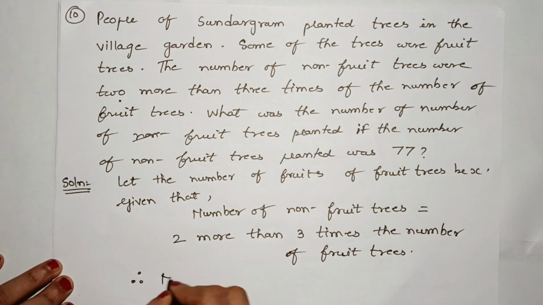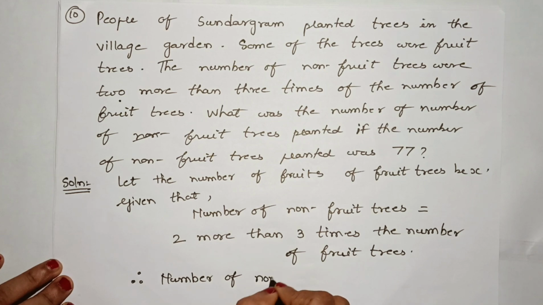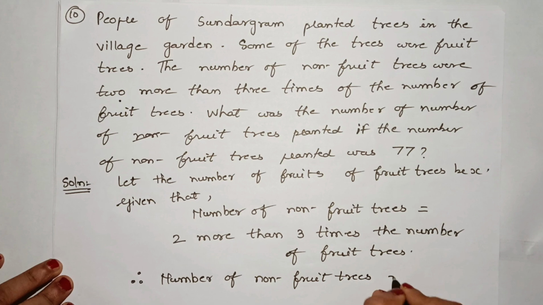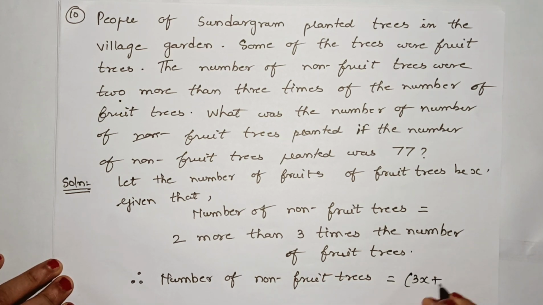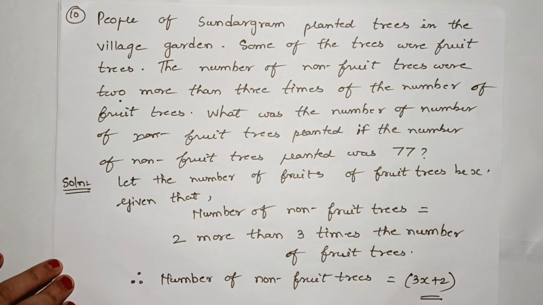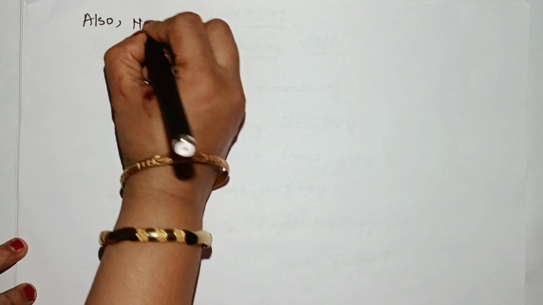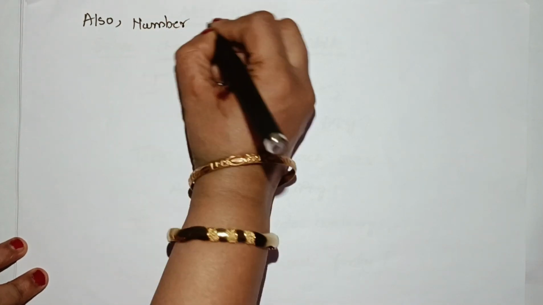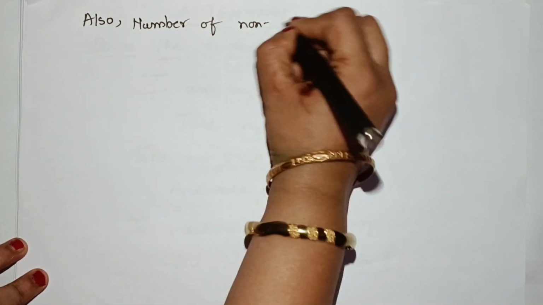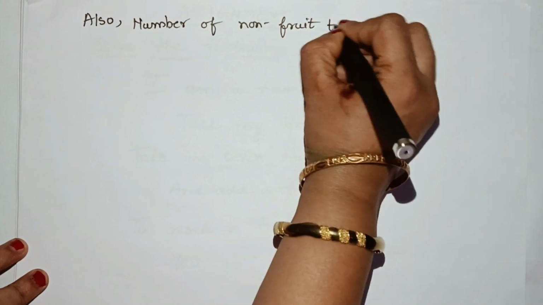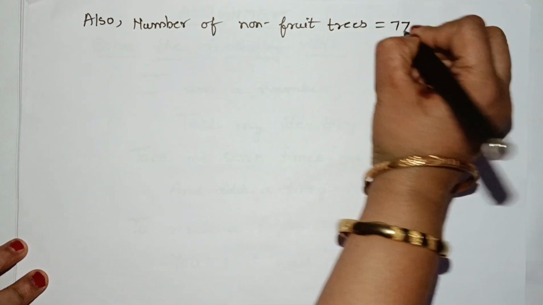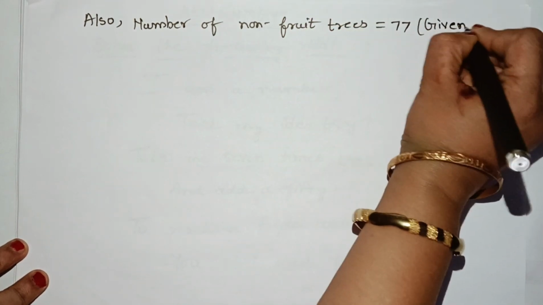So the number of non-fruit trees equals 2 more than 3 times the number of fruit trees. It means 3x plus 2. So this is one expression. Also, the number of non-fruit trees equals 77, which is given in the question.